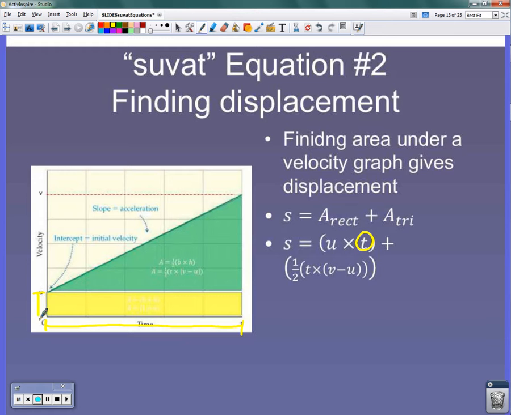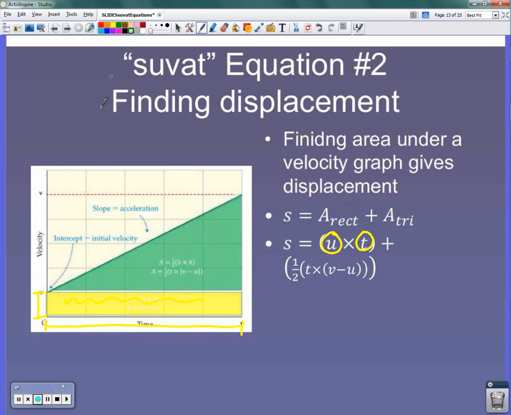The height goes from 0 on the y-axis to u, the initial velocity. So to find the area of this rectangle as it applies to this graph specifically, we would just multiply u times t.